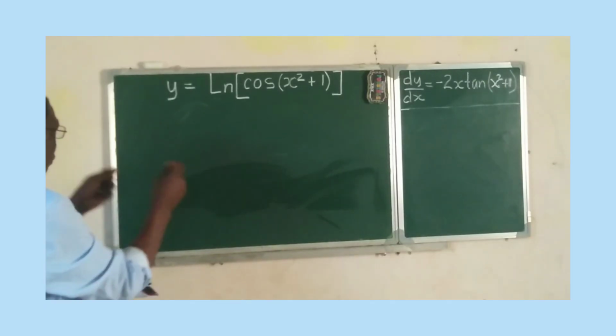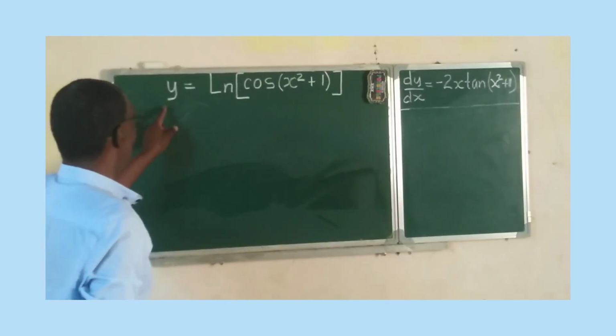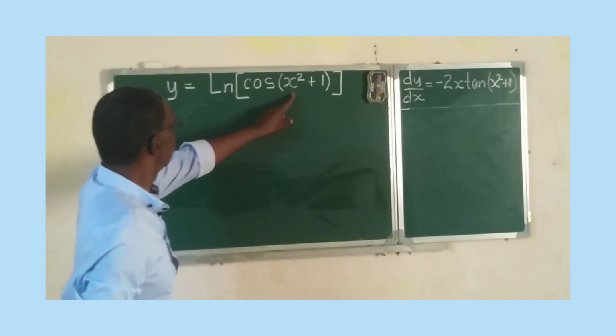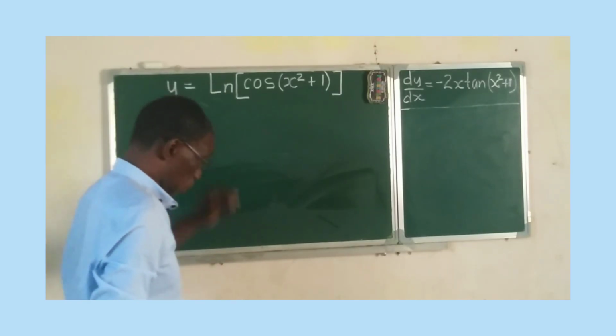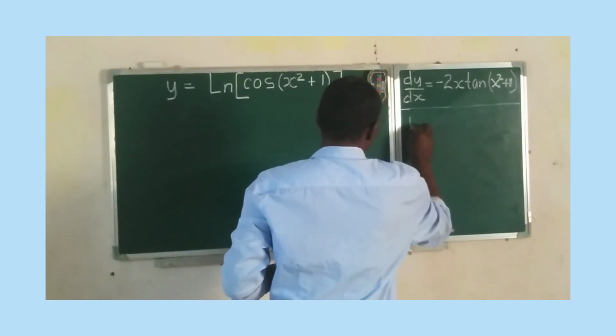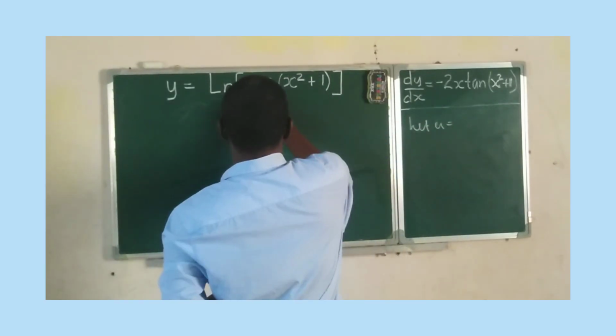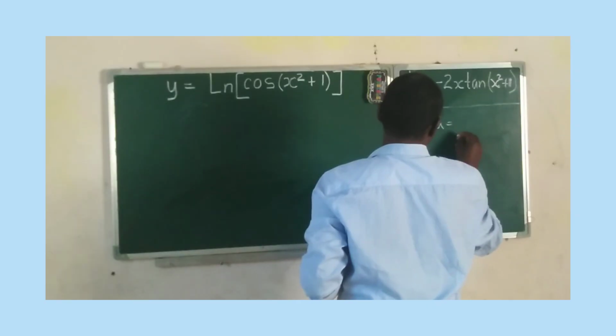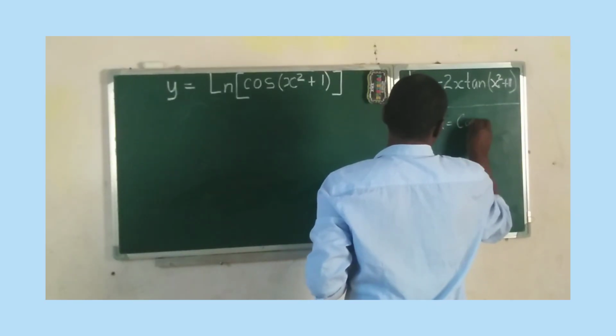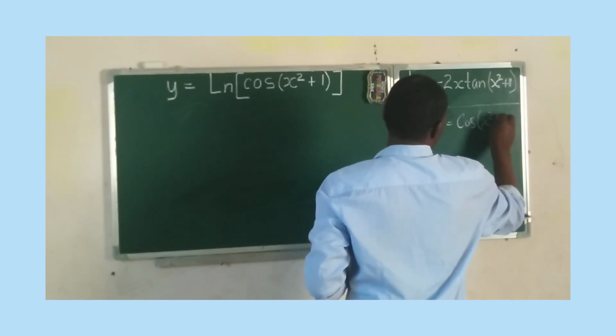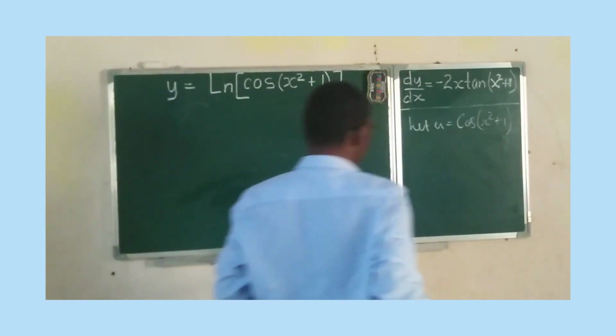Now, our first problem is that our y is a function of a function. So first of all, let u equal to cosine of x squared plus 1.